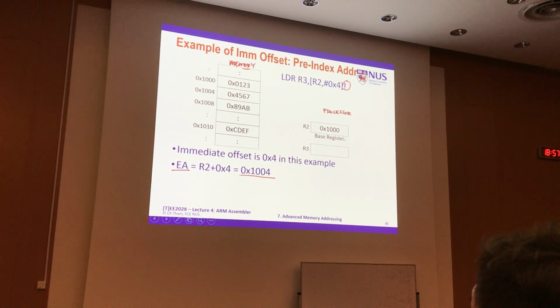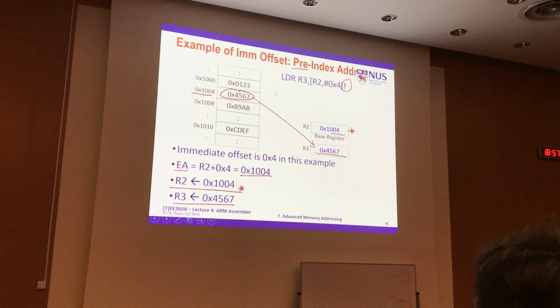You still have to calculate your effective address, which is taking the value here added to this. Then after that, this 1004, I go and get the value and put it inside here. So that one is pretty much the same as original offset addressing.